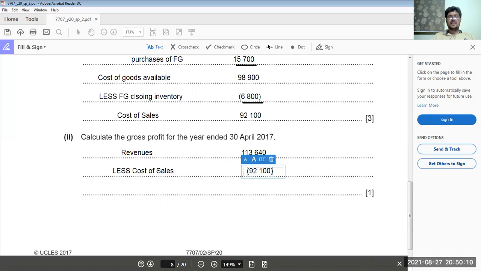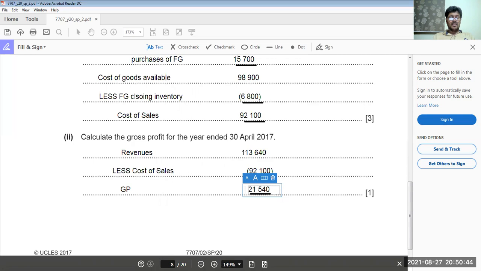And the answer is gross profit. 113,640 minus 92,100 is 21,540. It's getting done.